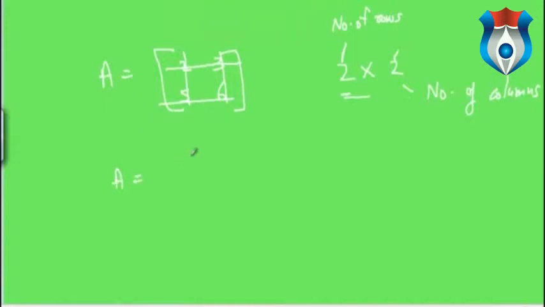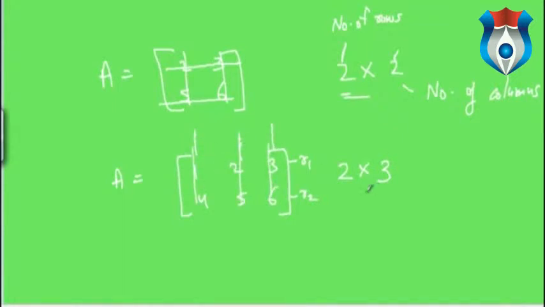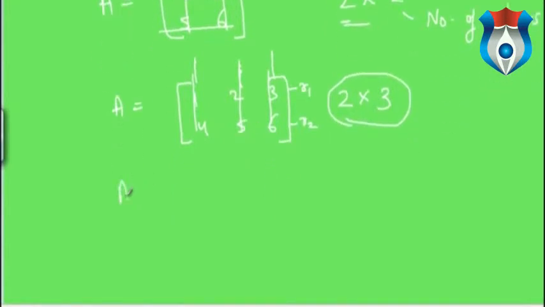Now taking another example, if you have something like 1 2 3 4 5 6, it's another matrix. The order of this matrix is 2 cross 3, because there are 2 rows, row 1 and row 2, and there are 3 columns. In a similar way, if you are given any random matrix, you can now find the order of that matrix.